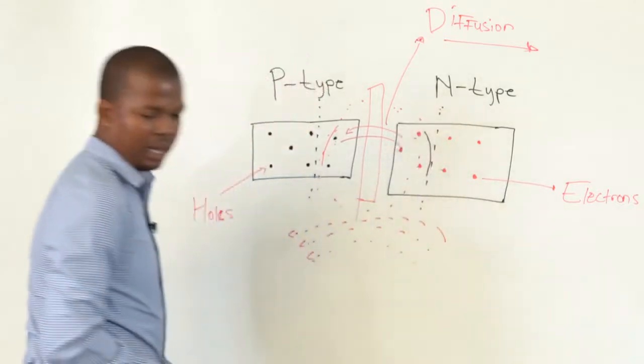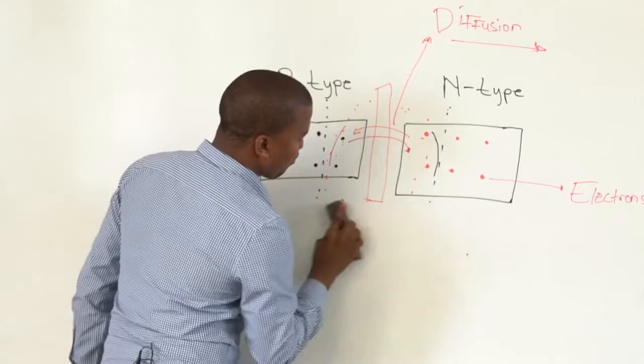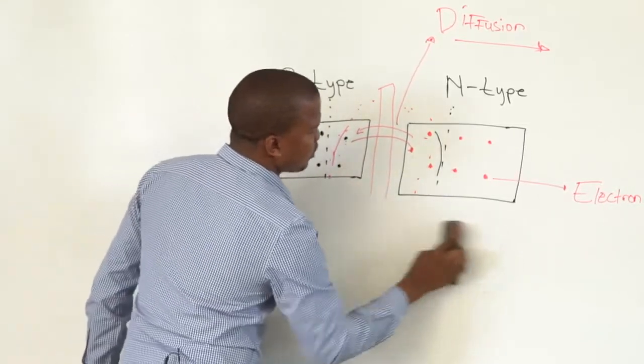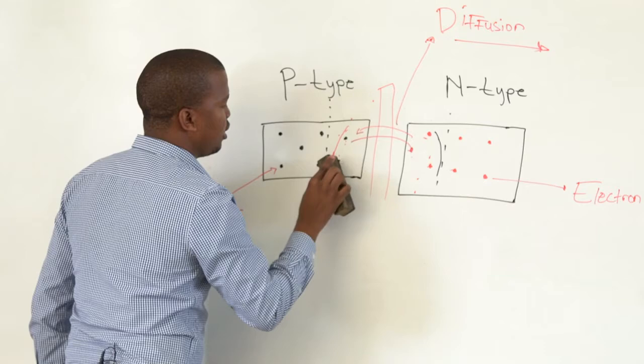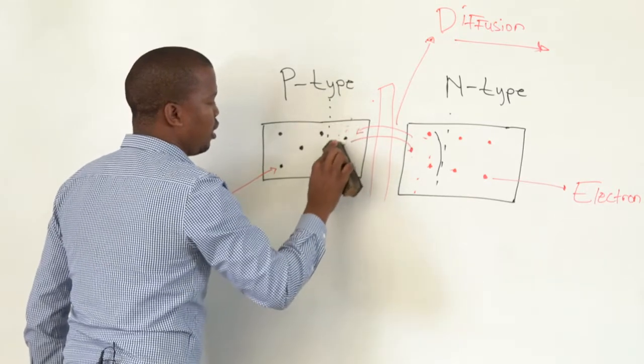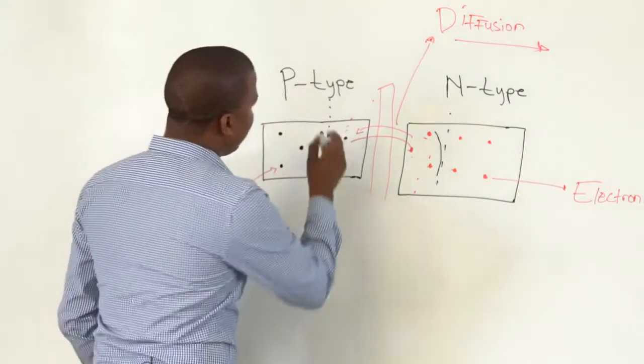For a better illustration, let me wipe my board. For better understanding, there will be a layer here.